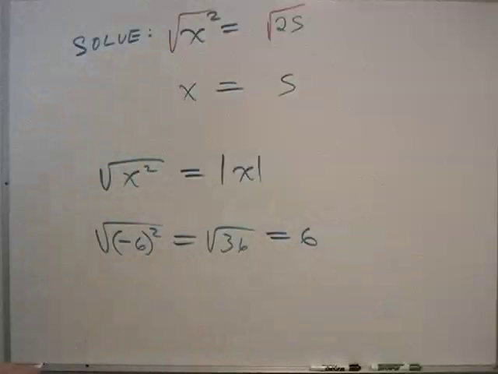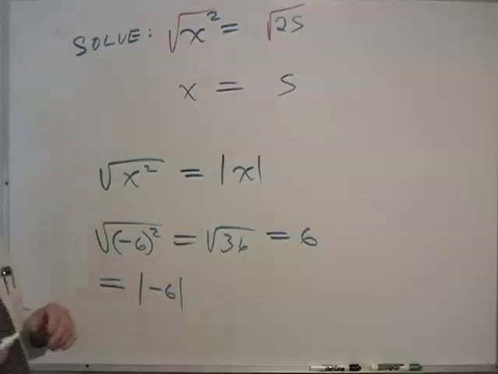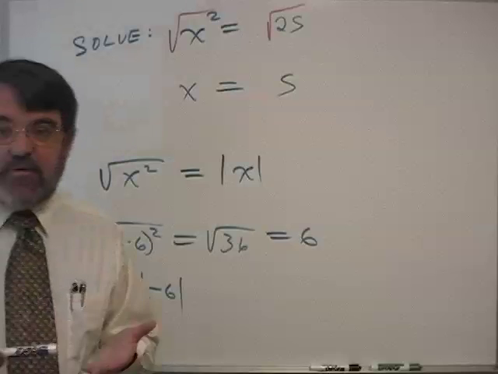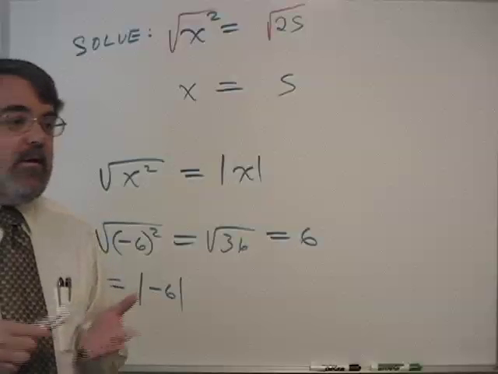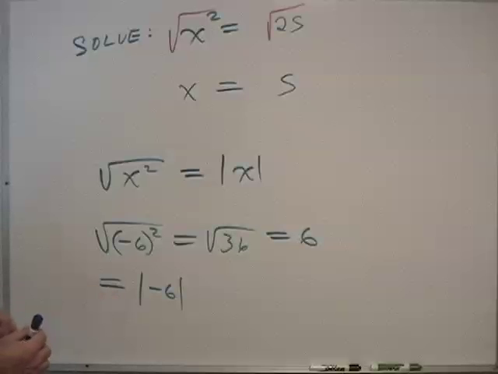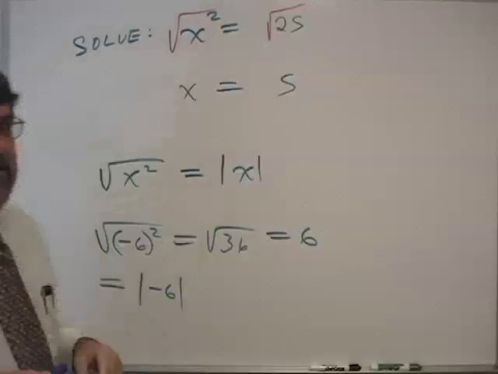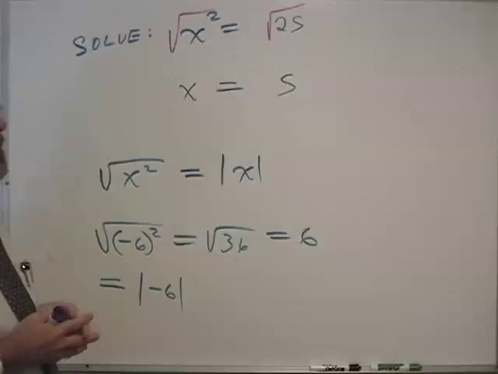And so, in other words, this is equal to the absolute value of negative 6, which is positive 6. Because recall that a square root is a function, and by definition its output is always a positive number, or it could be 0, but never a negative number. So technically speaking, the square root of x squared is actually an absolute value. And that takes care of getting a positive answer.